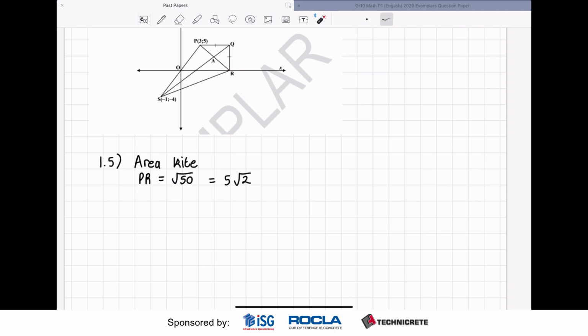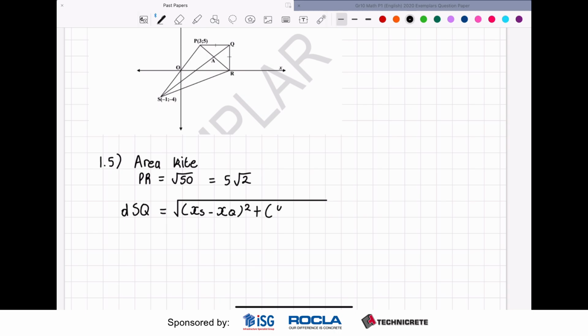Then we need to find SQ, which we can do using the distance formula. So my distance SQ is equal to the square root of XS minus XQ all squared plus YS minus YQ all squared.